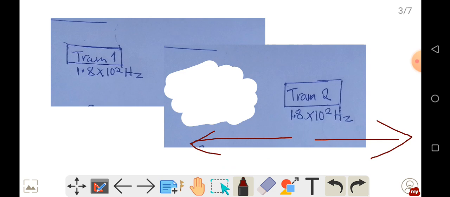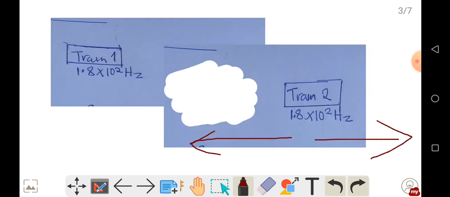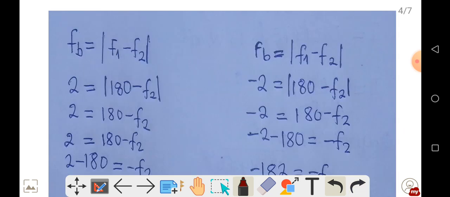So we have been given the beat frequency, and we've also been given the frequency. The two trains have identical frequencies. So let's look at how we can do it.